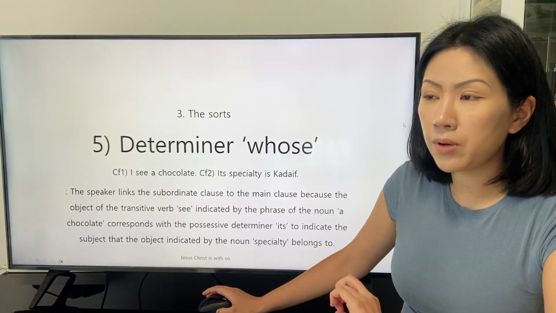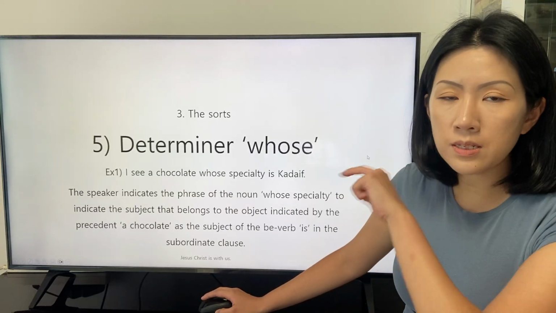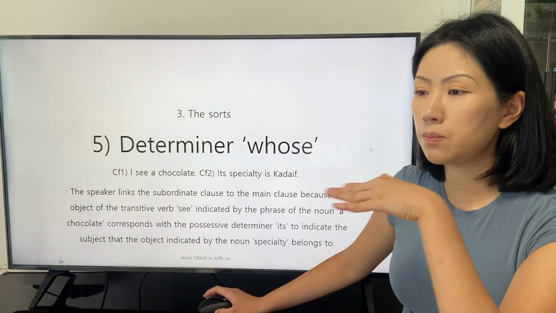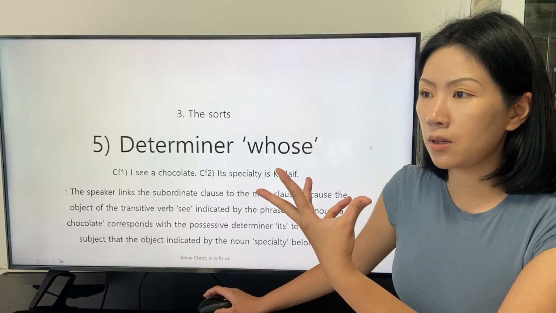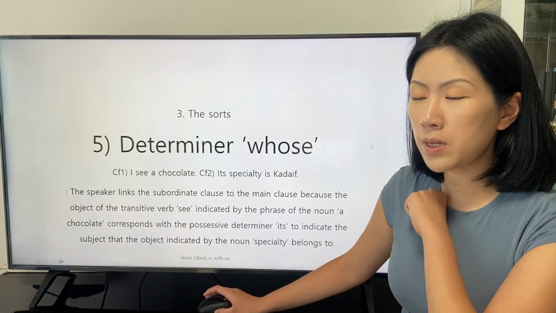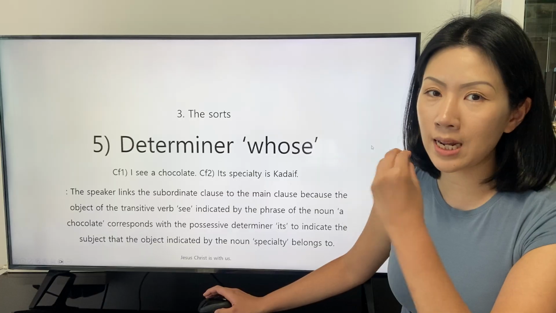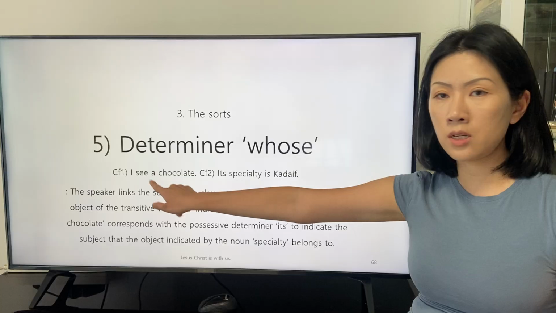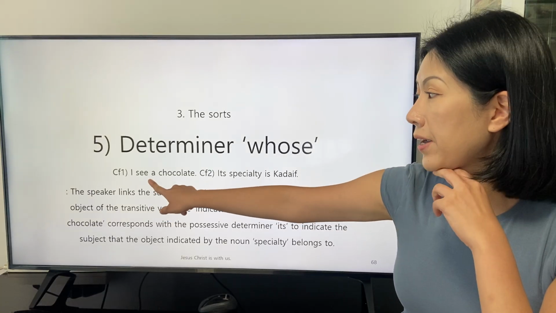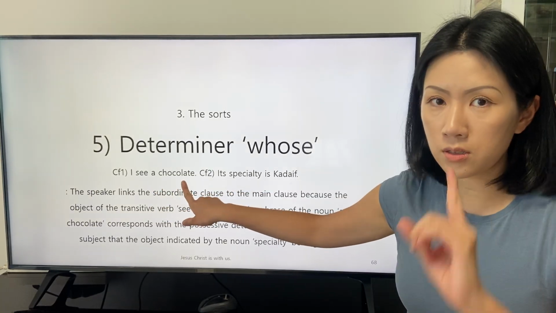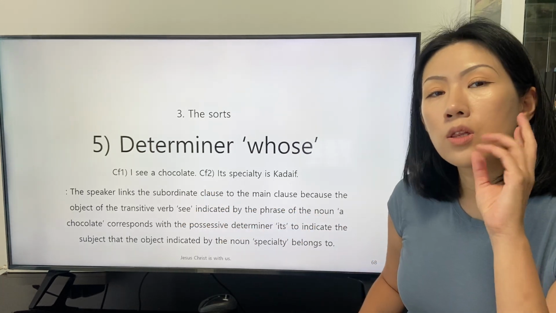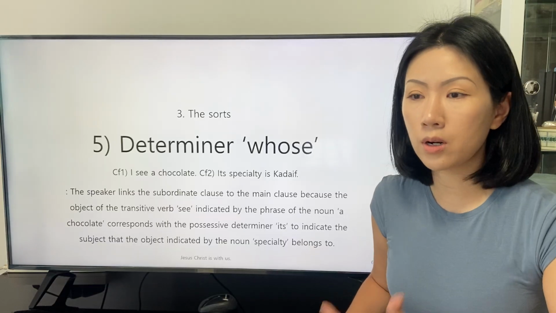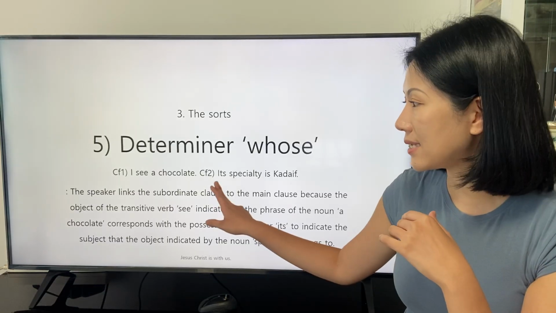We can break this first example down into two clauses. We all admit that the two clauses can be linked when the speaker finds a shared indication. The first indication is stated as the phrase of a general noun, a chocolate, in the first clause, and the shared indication can be in the form of the possessive determiner.